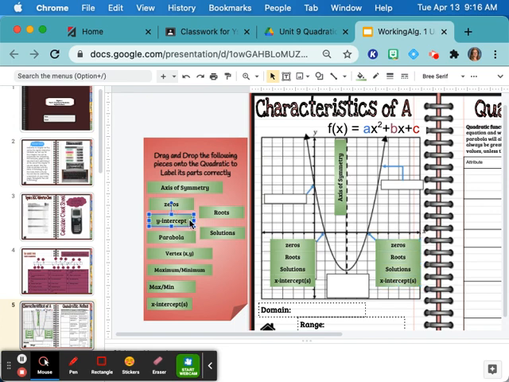Y-intercept. Where would that be located? In relation to the axis of symmetry, which way do we go on this parabola for the y-intercept? It's right here to the left of it. So drag the y-intercept over.